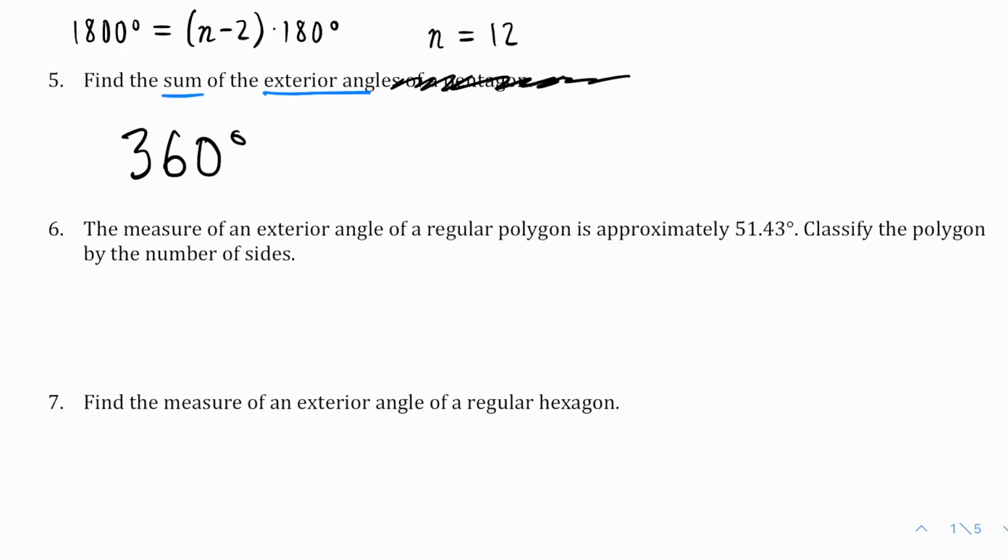The measure of an exterior angle of a regular polygon is approximately 51.43 degrees. Classify the polygon by the number of sides. So again, one of our keywords is exterior. That means that we're going to use a formula that has a 360 in it. And it says an angle, so that's our keyword that it's just 1.